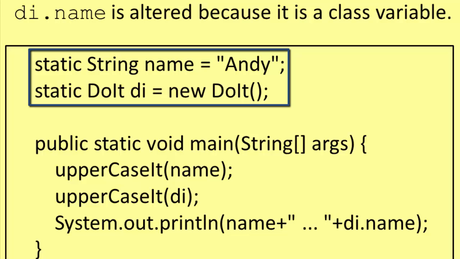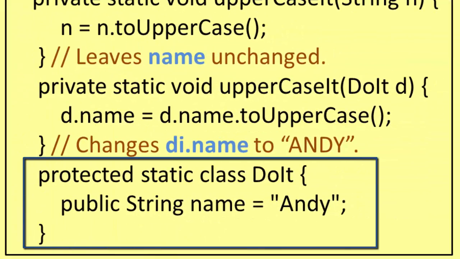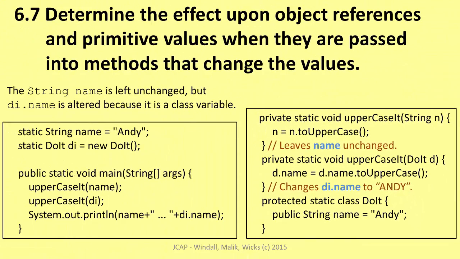A string name which contains Andy with a capital A, and an object of type doIt which is going to be used in a moment. Now let's have a look at doIt first. That down here just declares one variable called name which also contains Andy. So both the string name Andy and the doIt string name Andy are exactly the same.